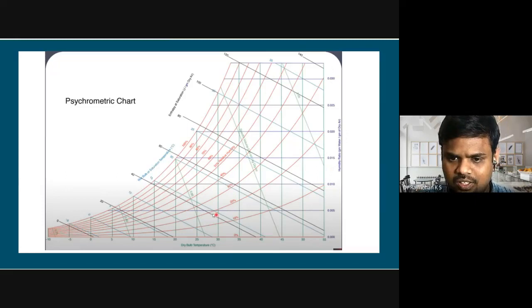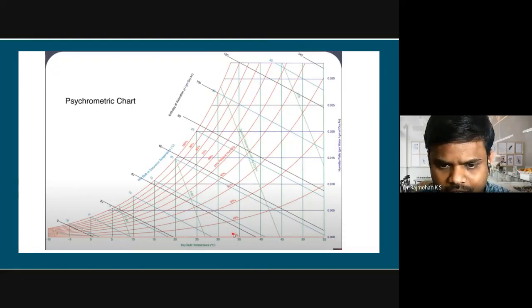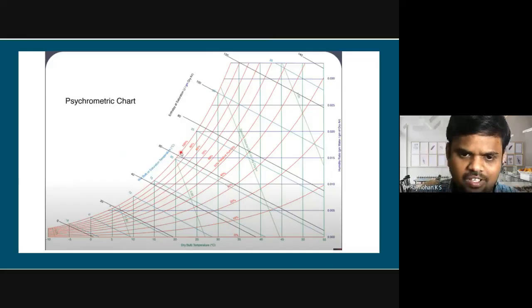We have these red lines varying from 0%, 10%, 20%, 30%, 40%, 50% relative humidity, and it goes on up to 100%. This is the percentage relative humidity line, RH, or percentage saturation. What we have here is the 100% saturation line, the outermost curved line.